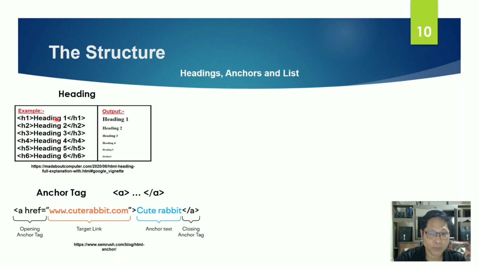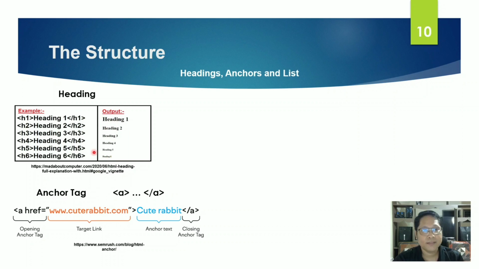H1 is the most important and H6 is the least important and also the smallest, like the output here. H1 is the biggest or the largest, you can see the output, heading 1, and H6 is the smallest.